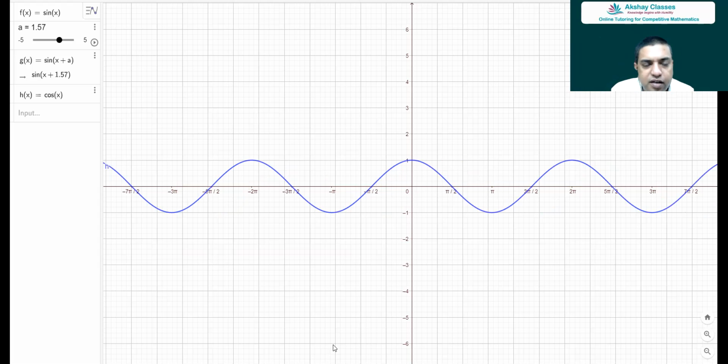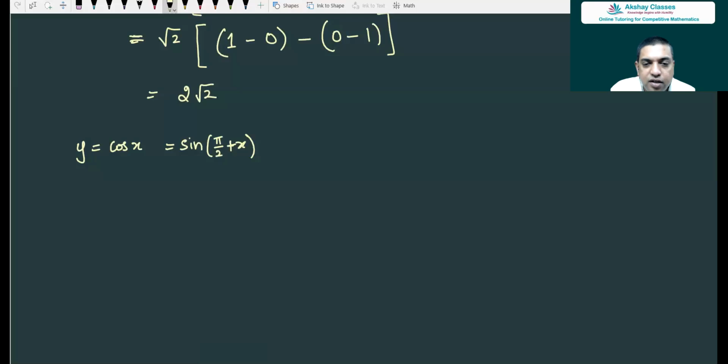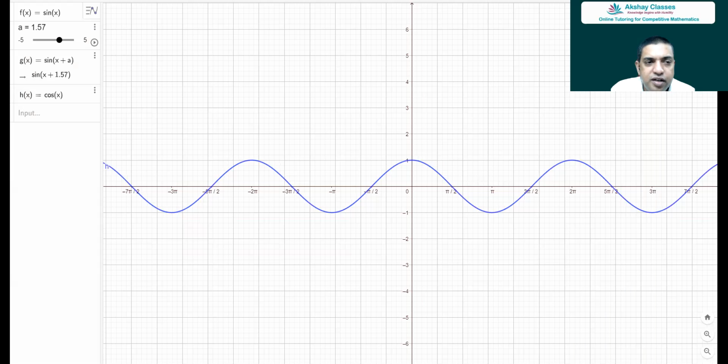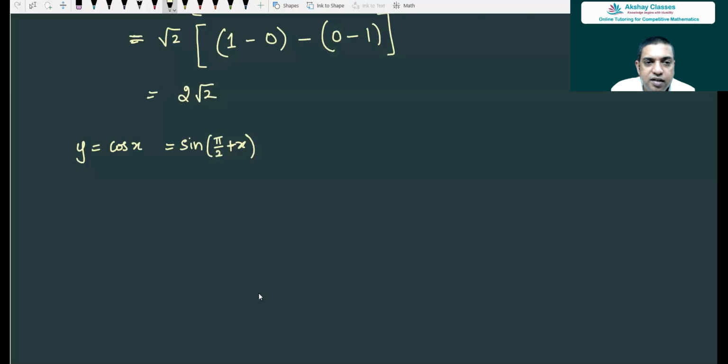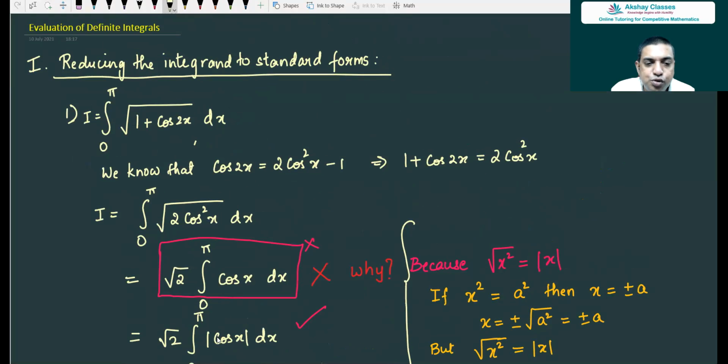So this is the value of the integral. We can find that by simple integration. What I'm trying to say is, now I will show you how I calculated that this particular integral is 2 straight away.